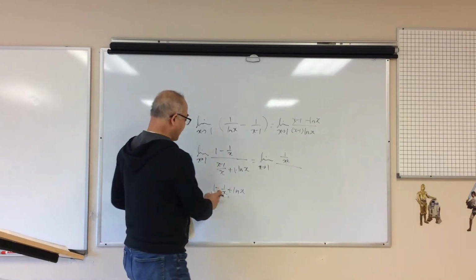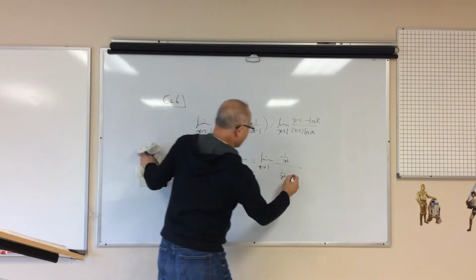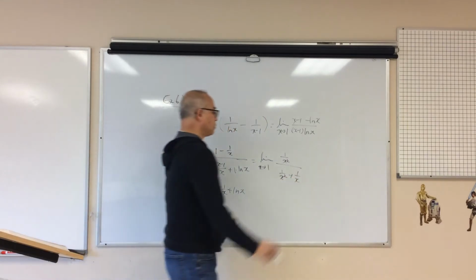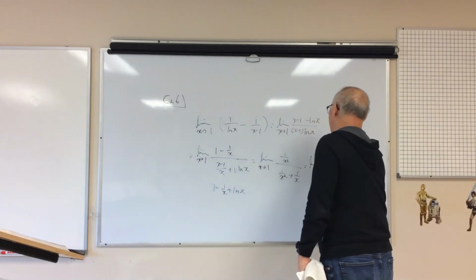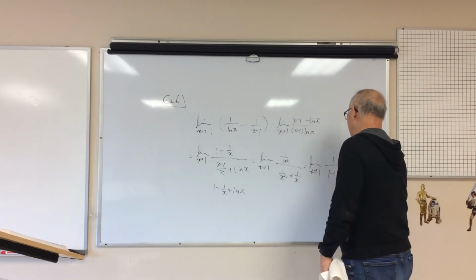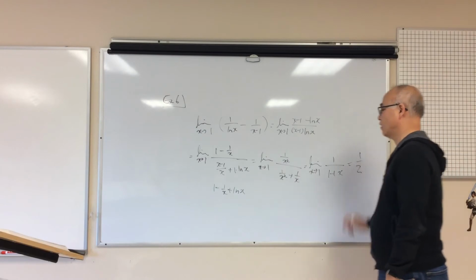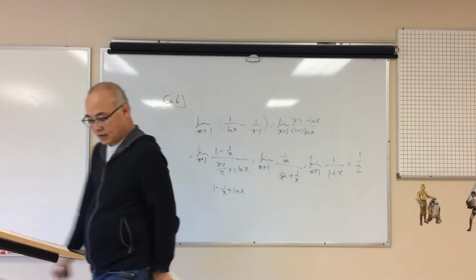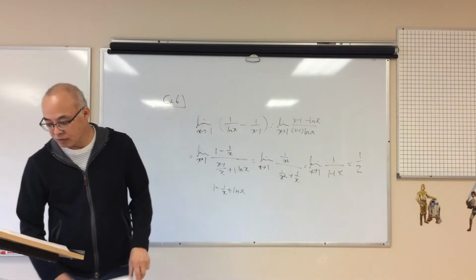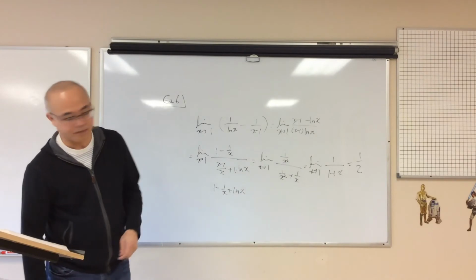So I take the derivative, I get this guy, which is 1 over x squared again, plus 1 over x. Multiply top and bottom by x squared. Limit as x approaches 1, I get 1 over 1 plus x. x is going to 1, so 1 over 2. Okay, and that was example number 7.